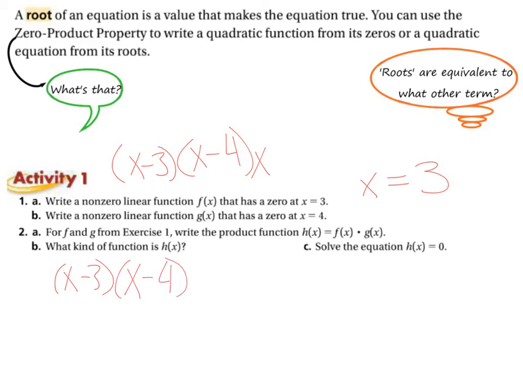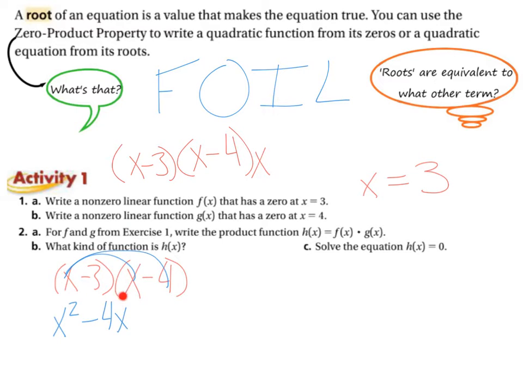I am going to multiply these using FOIL. For FOIL, that's first, outer, inner, last. We start with the first terms, x and x. X times x gives me x squared. My outer terms are x and negative 4. So x times negative 4 gives me negative 4x.